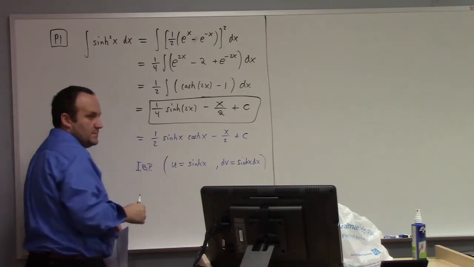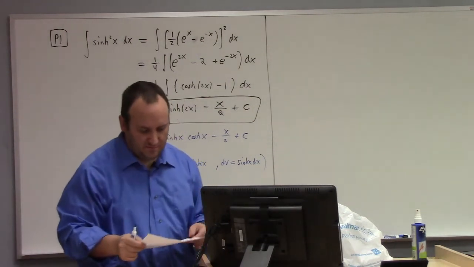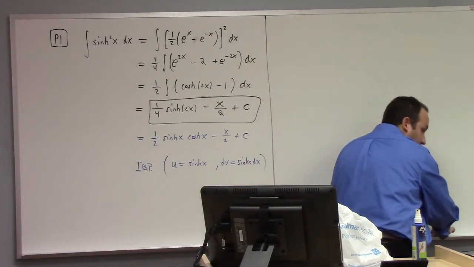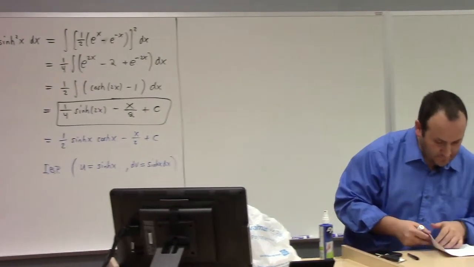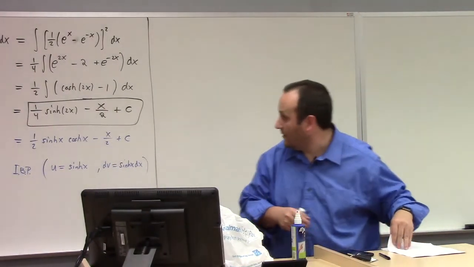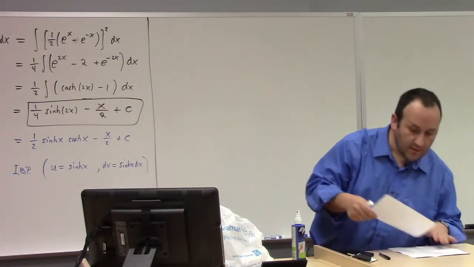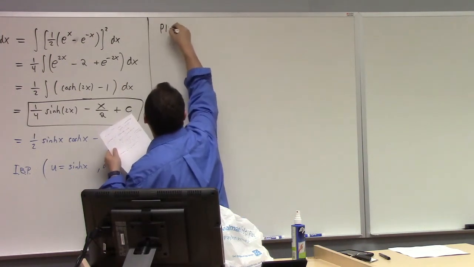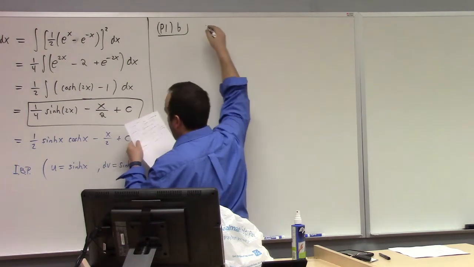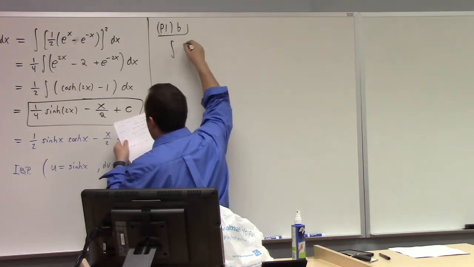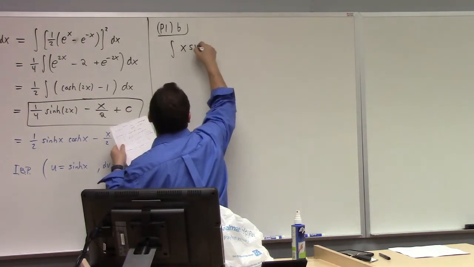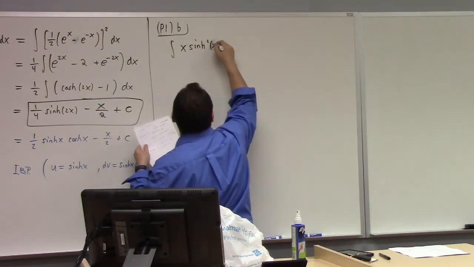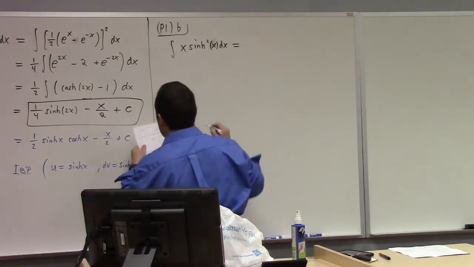Now, listen, I'm not going to go over 2 solutions for every problem. If I get to 1 solution for every problem, we'll be lucky. So let me go on. He used integration by parts to do problem 1. Problem 1, part B, we're facing the integral of x sinh squared of x dx.